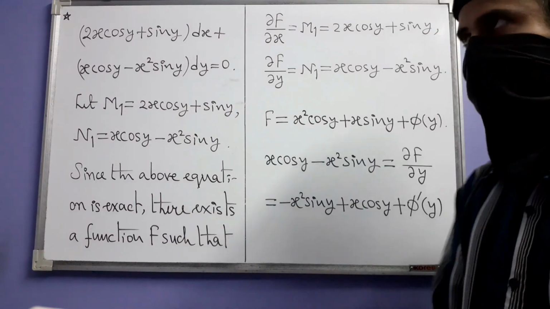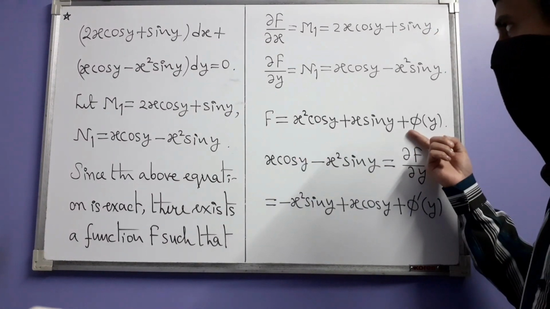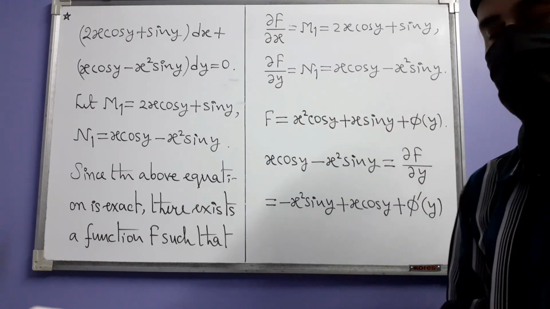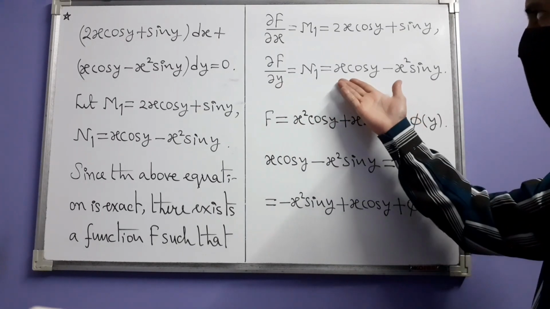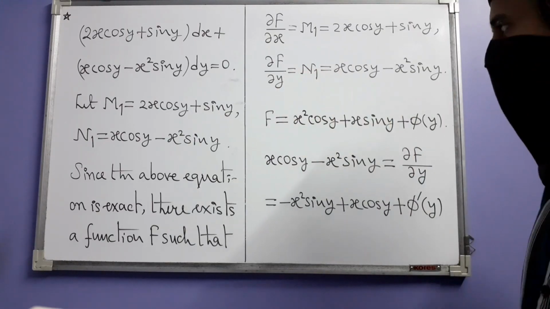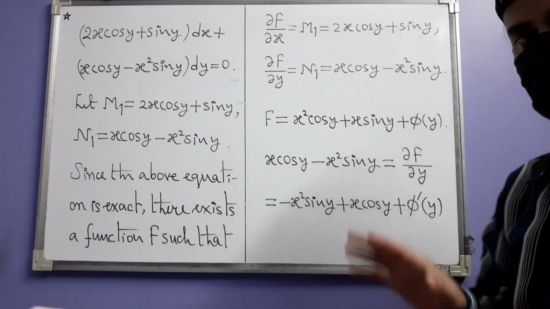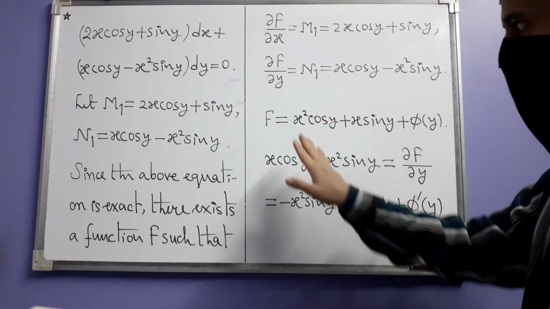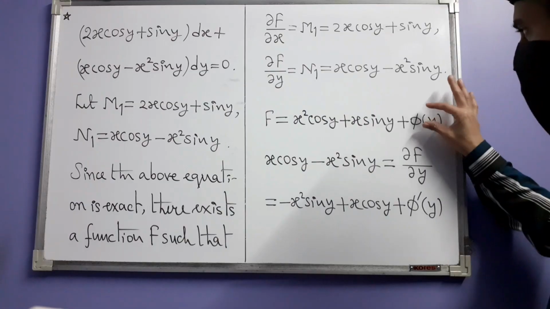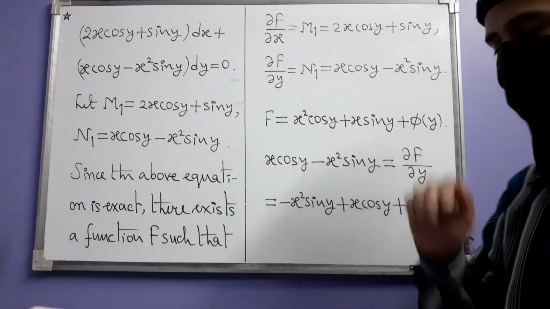Now next we use this expression along with this one to find φ(y). How? Well, you first note that this is equal to ∂F/∂y. But now that you have found something about F, namely that F is this, which you haven't really found totally because this part is still unknown, but still you have found something.